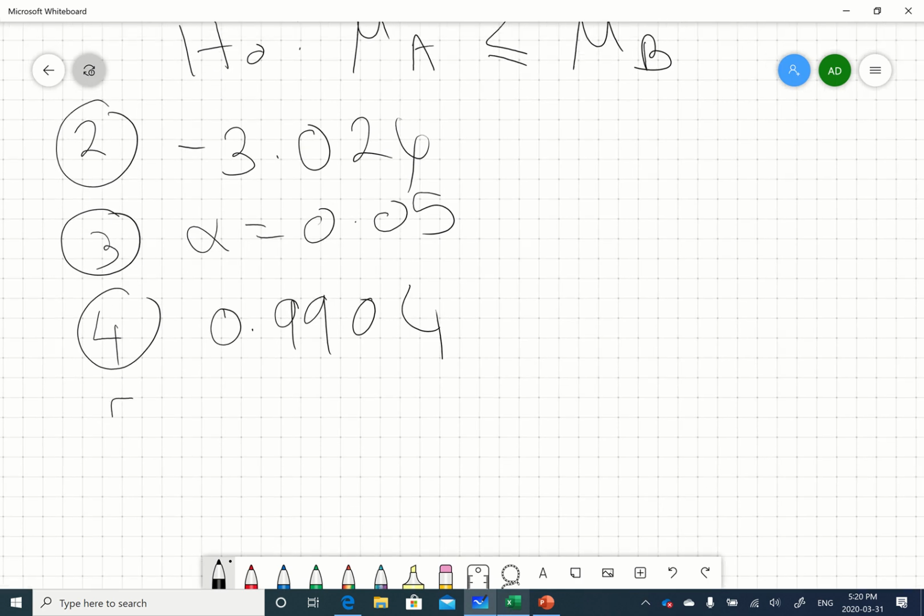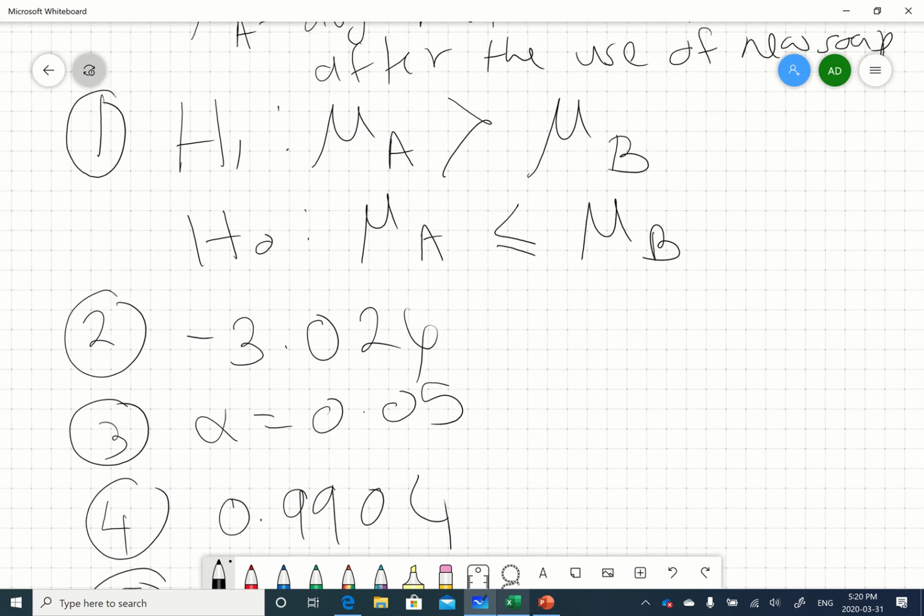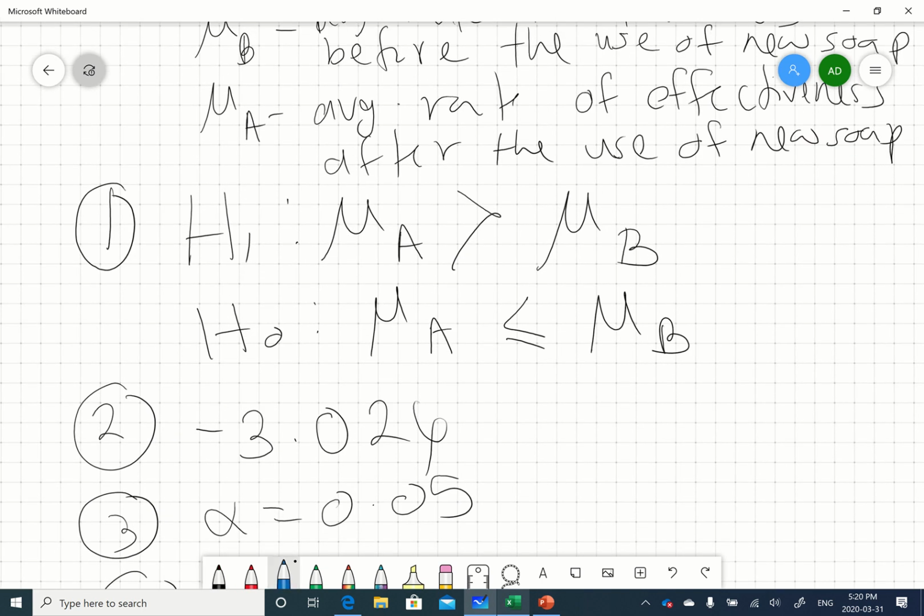Okay, the comparison: 0.9904 is greater than alpha. We do not reject H naught. So that means going up here, we do not reject H naught.